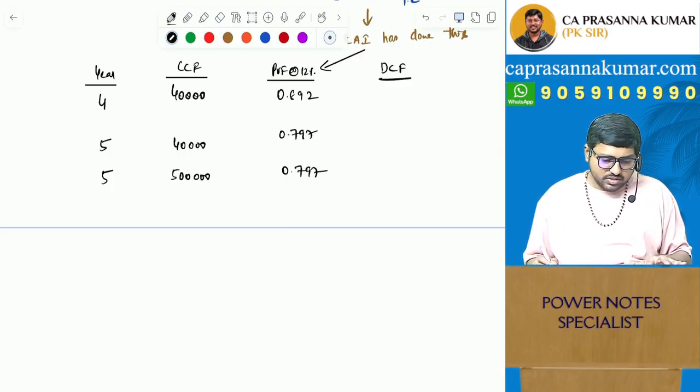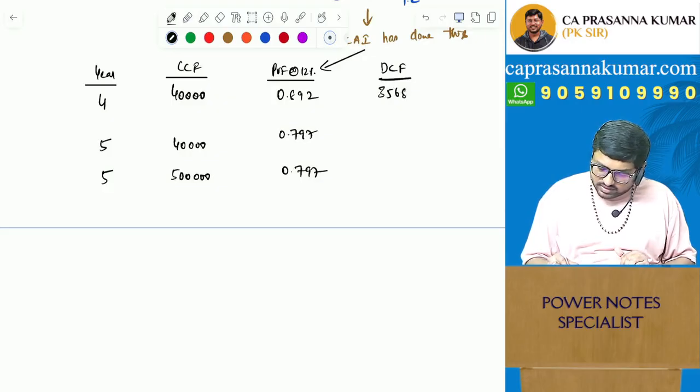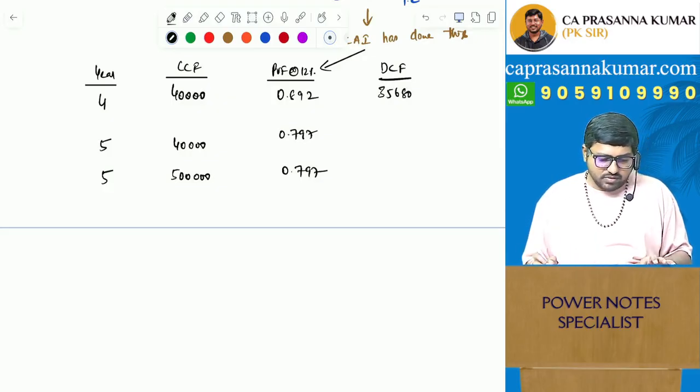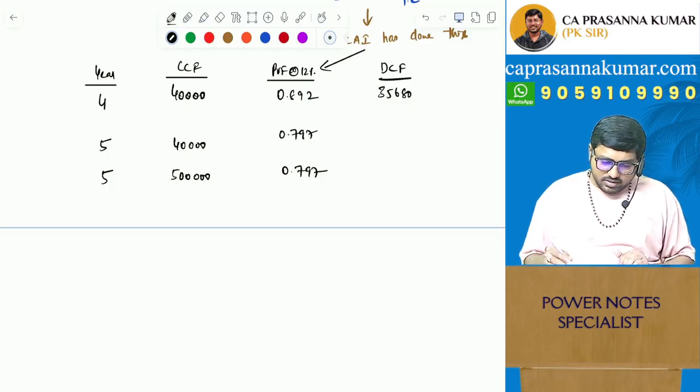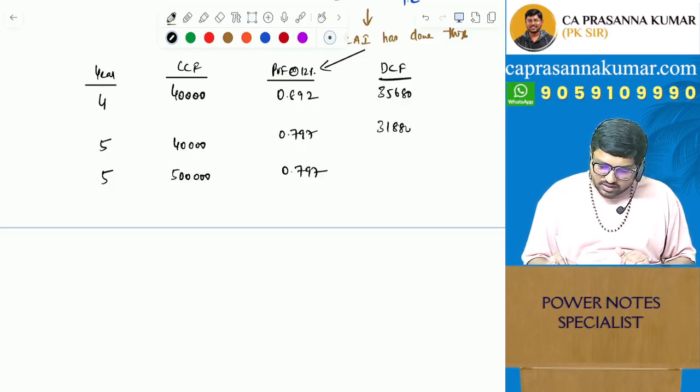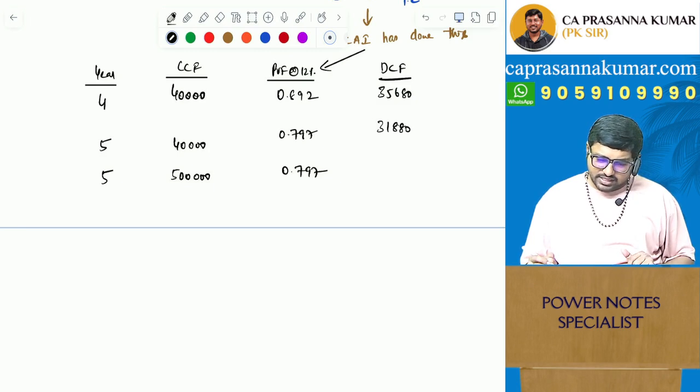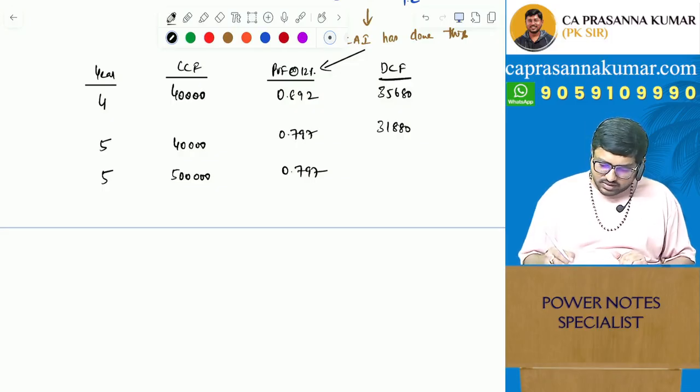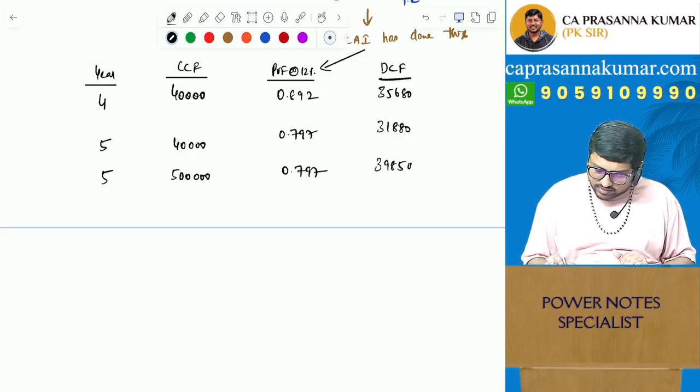Now give me the numbers. 40,000 into 0.892 is 35,680. 40,000 into 0.797 is 31,880. 5 lakh into 0.797 is 3,98,500.